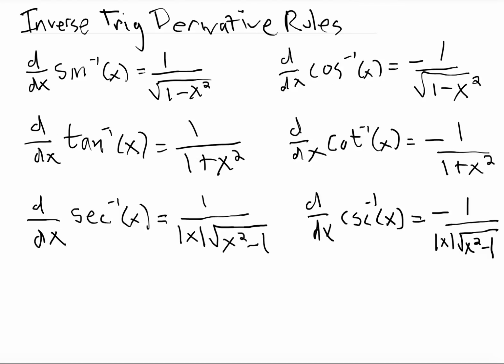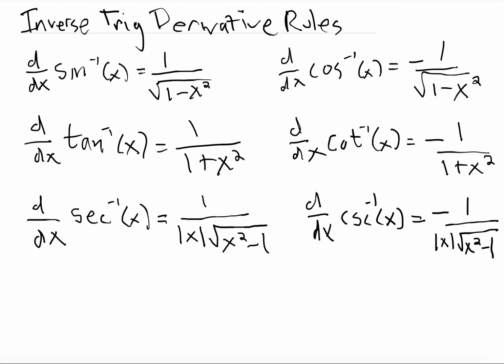Now, we do get a couple nice patterns out of this, kind of like we did for the regular trig derivative rules. Namely, all of my co functions, again, are still negative when I look at their derivatives. And all of my cofunctions pair up very nicely in that if I'm looking at a pairing like sine and cosine, or tangent and cotangent, etc., they use the same exact formula up to that sign difference.